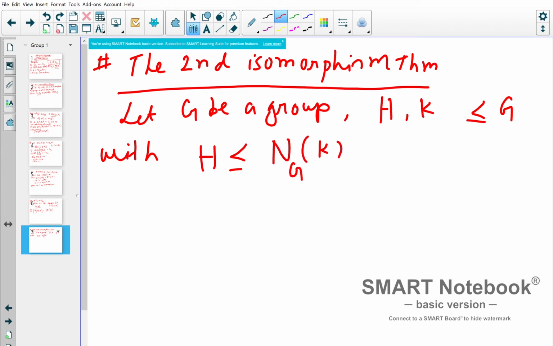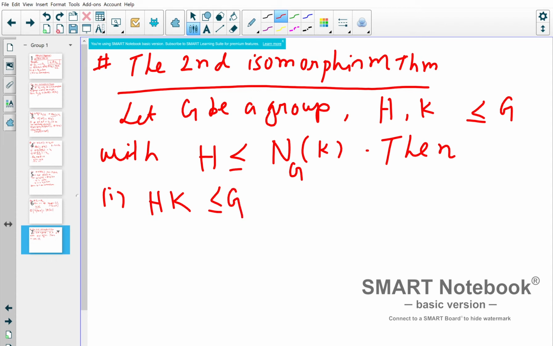Okay. So H is inside this, and with respect to this hypothesis, what happens? Then many things happen. You remember if H is a subgroup of the normalizer of K in G, then you know that HK will be a subgroup of G, right? This part we already proved.